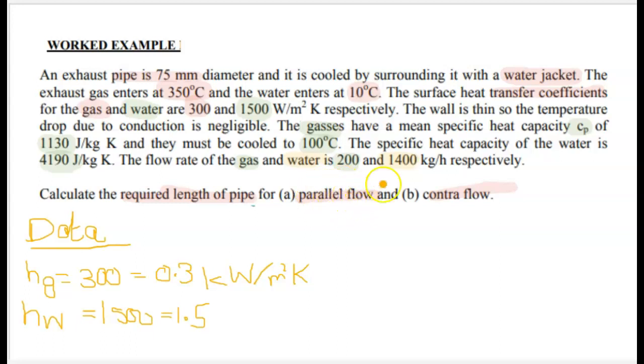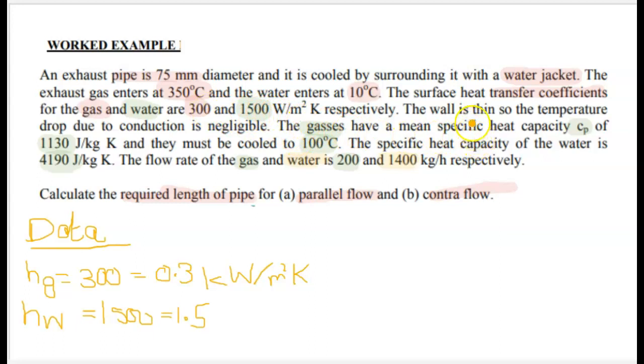The surface heat transfer coefficients for gas and water are 300 and 1500, given by Hg and Hw. The Hg is 300. I want to convert into kilowatts because everything we will do in kilos. So 0.3, and the other value I can convert into 1.5 for the water.